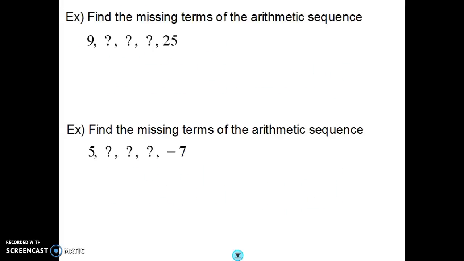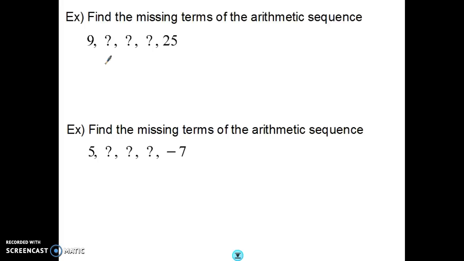A couple more examples with a different setup here. In this case, we want to find several missing terms that are between two terms we already know. So in this first example, we know that the first term is 9, and we also know that the 5th term is 25. So again, we can go ahead and fill in the pieces of our formula that we know.